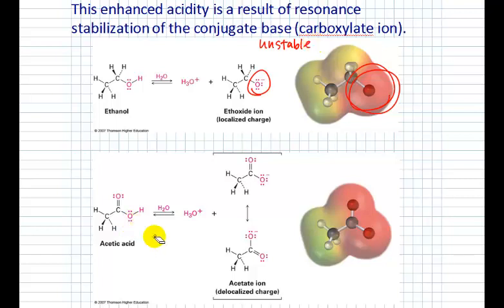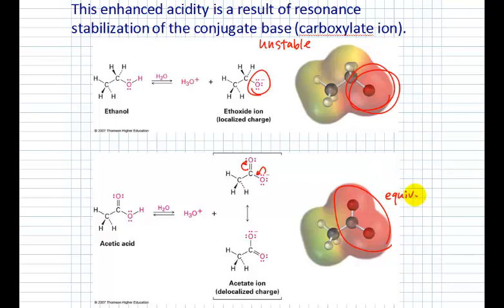Acetic acid, we remove the hydrogen, we have a carboxylate ion, but there's a resonance structure where we can bring a lone pair on the O minus in to make a double bond, and that kicks electrons up to make an O minus on the other oxygen, which means that in a true carboxylate ion, the negative charge is shared equally over those two oxygens. Those are equivalent.